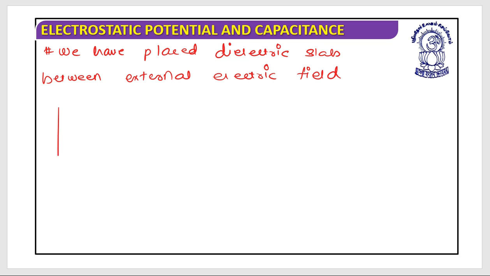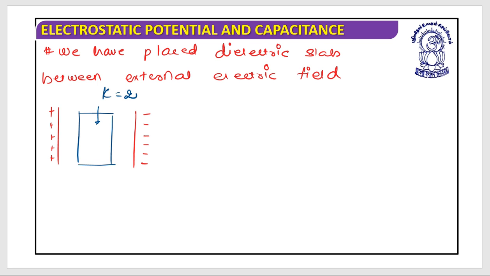Then the situation would be that, let's say this is the external electric field, this is positive, this is negative, and this is the dielectric slab. For now, assume that its K would be equal to 2.